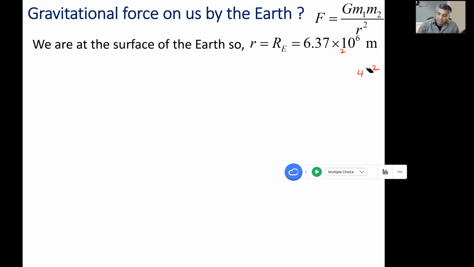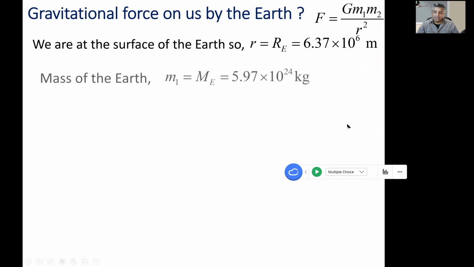Now, there is force between us and the earth. Since we are at the surface of the earth, that does not mean we are at 0 distance from the earth. Since we measure distance from the center, that means we are at a distance equal to the radius of the earth. So how much force?